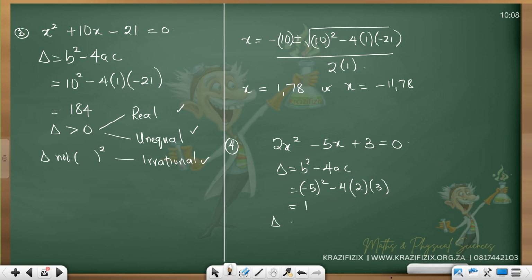Now you would notice that this one can actually be written as 1 squared. So what are we expecting? We are expecting it to be real. We are expecting it to be unequal. And because it's a perfect square, we are expecting it to be rational, which means my answers can be written as a fraction.